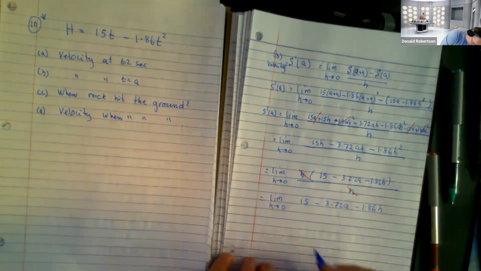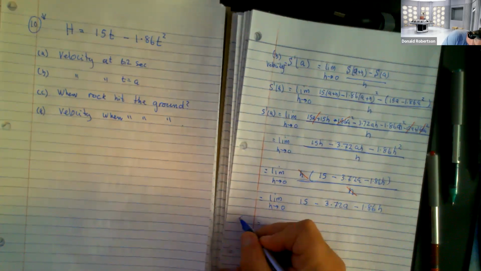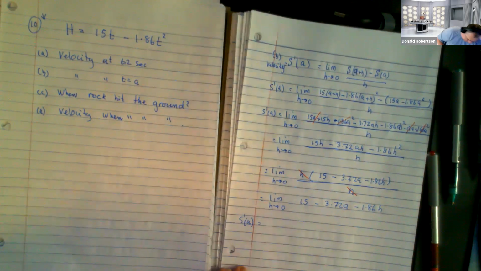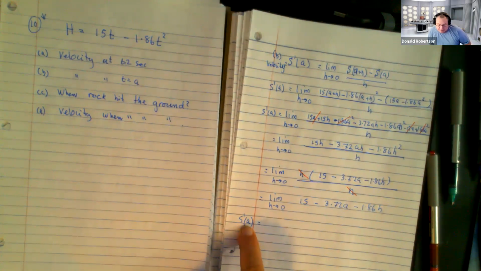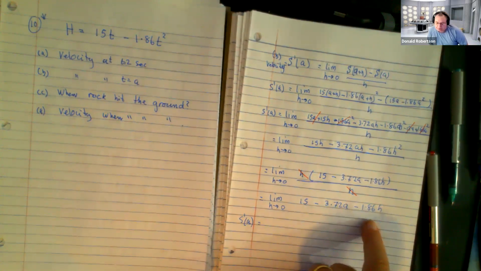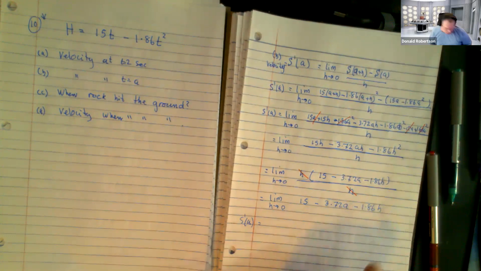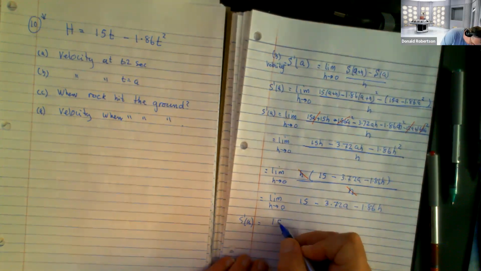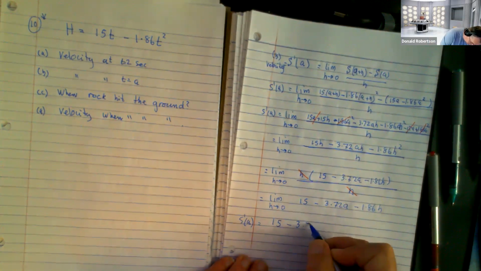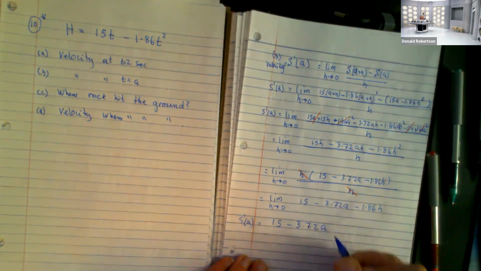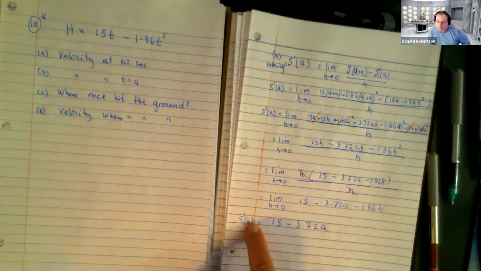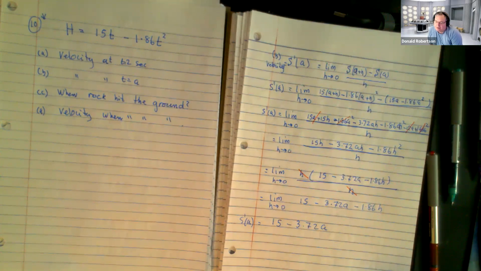The velocity at A then, S dash of A, is going to be plug 0 in for H, and you are left with 15, take away 3.72A. And that's our formula for finding the velocity at any given value t equals A.